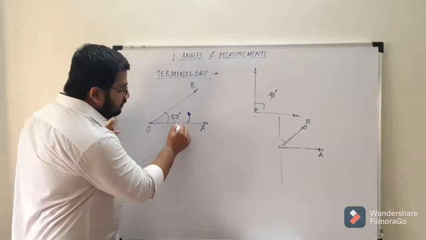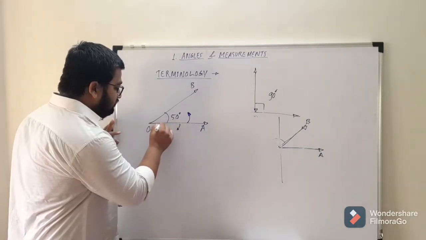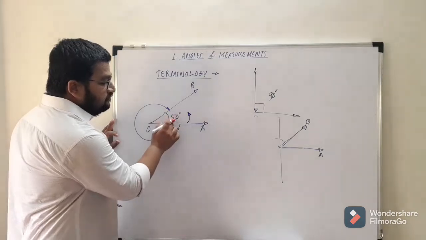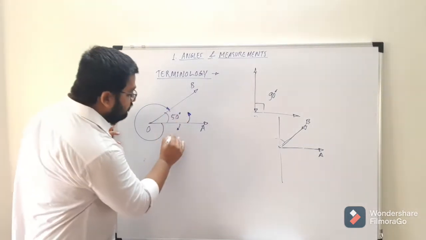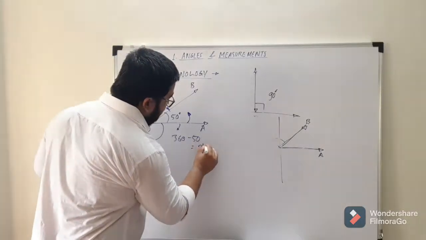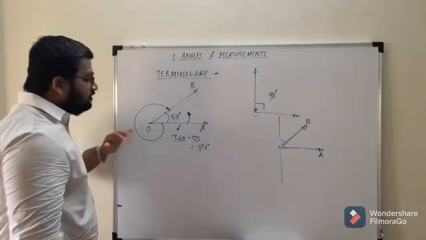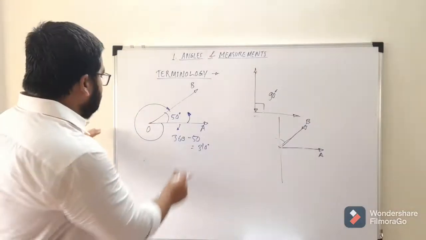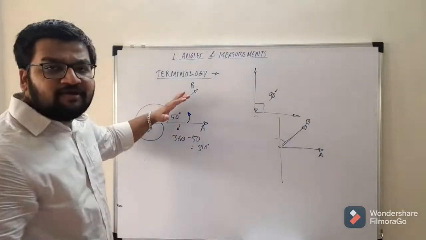But what if we go downwards? That is a clockwise direction. If we calculate from here, the same angle will be 360 minus 50, so this is 310 degrees. It is the same position of the arm. The position of the arm has not changed. This is our initial arm, this is our terminal arm.